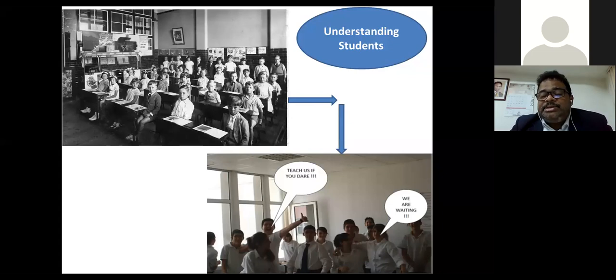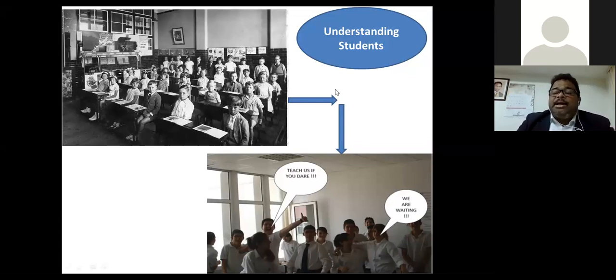The fact is, students' mind setup is different now. So even you see your children, their mind setup, and when you are children, your mind setup, there is a difference. That is why we need to understand the present generation students, and I don't know future generation student what will happen. Present generation student, you see, they are saying that teachers, if you dare, we are waiting.